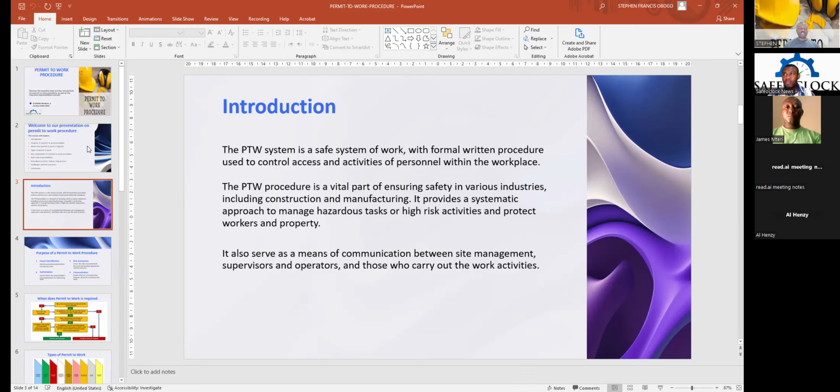You cannot just go to site and carry out such an activity. So it creates that chain of communication between the site management and some other group of individuals within such work activity.